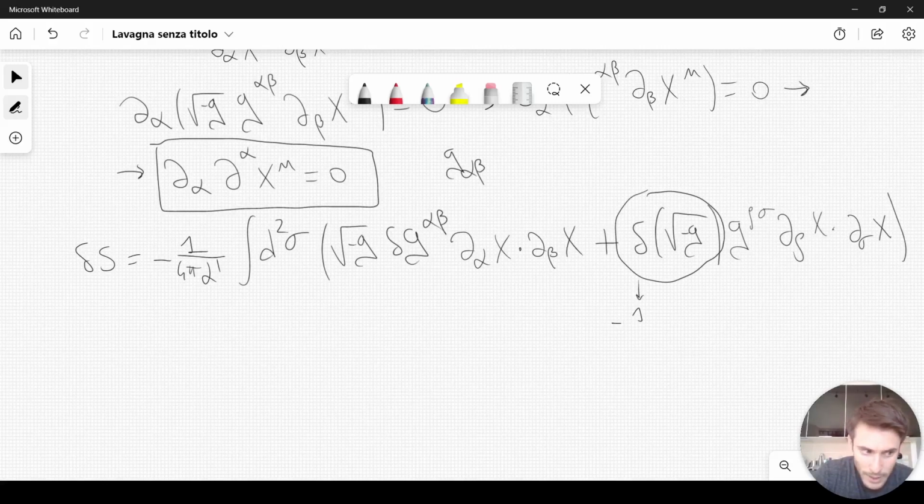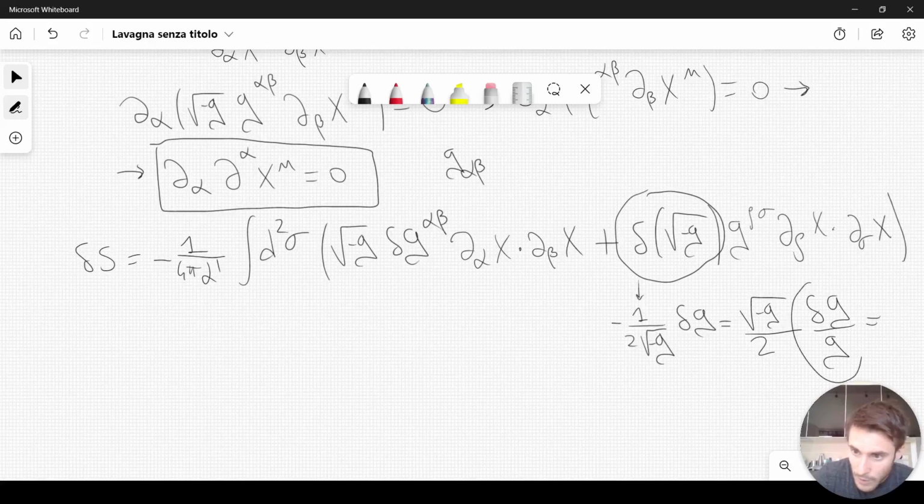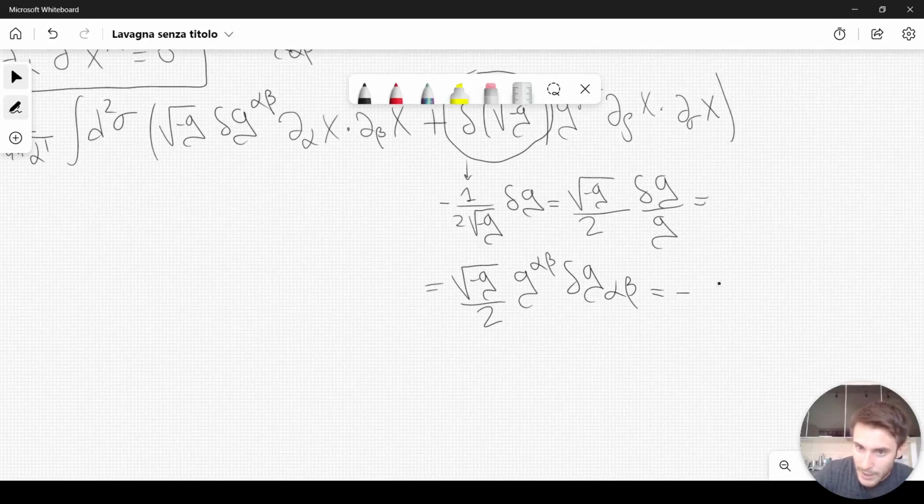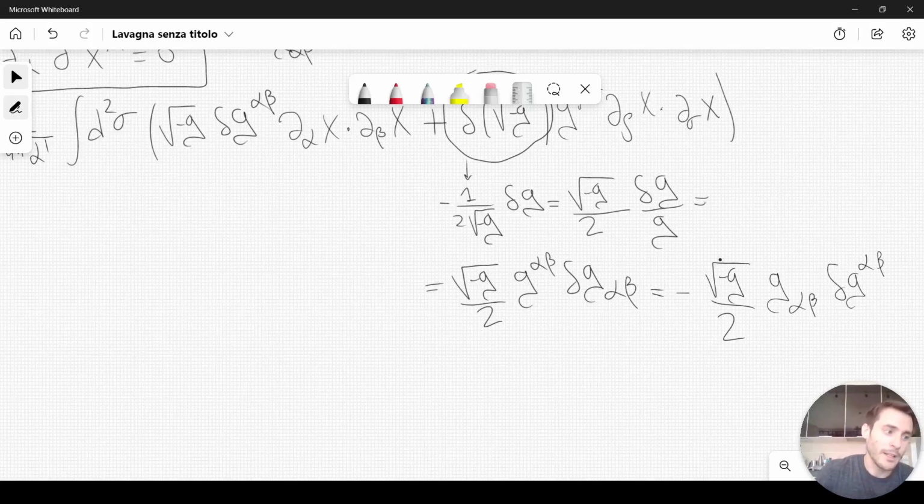So you have −1/2 √(−g) times the variation of g, but this is also equal to √(−g)/2 times δg/g, and δg/g can also be rewritten, so you have √(−g)/2 g^{αβ} δg_{αβ}, and this is also equal to −√(−g)/2 g_{αβ} δg^{αβ}, with lower indices and δg^{αβ} with upper indices, like this.